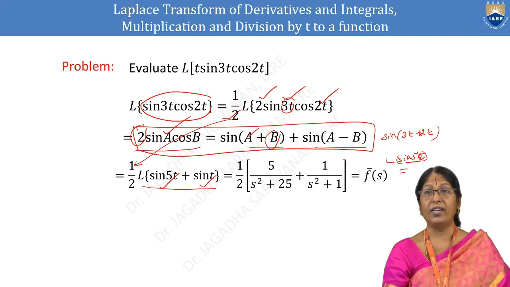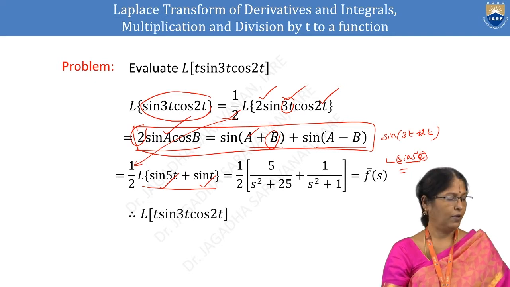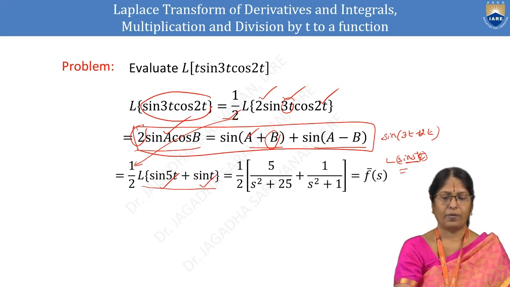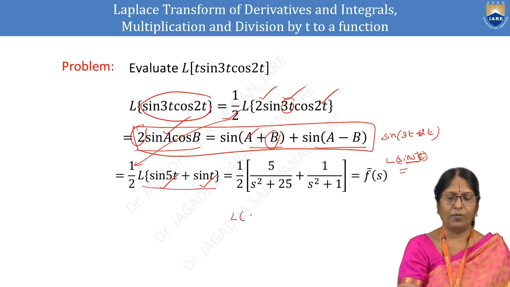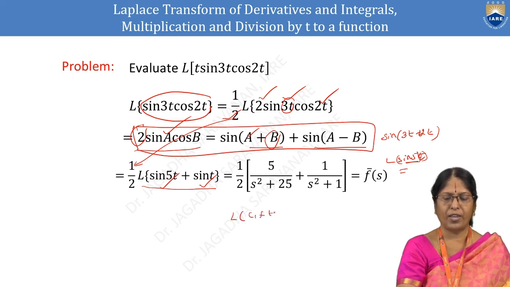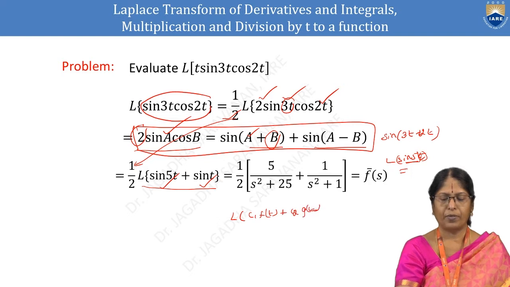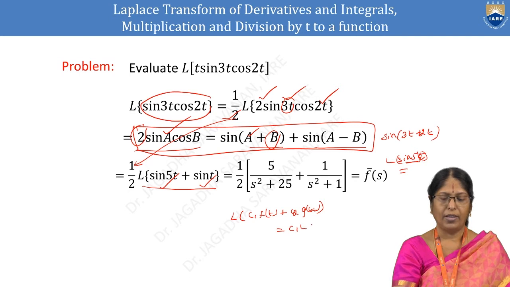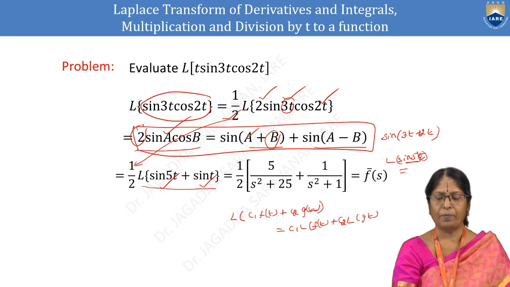According to the linearity property, L of C1 f of t plus C2 g of t is nothing but C1 L of f of t plus C2 L of g of t.